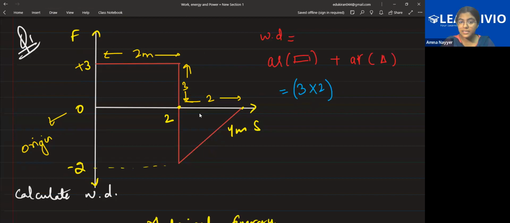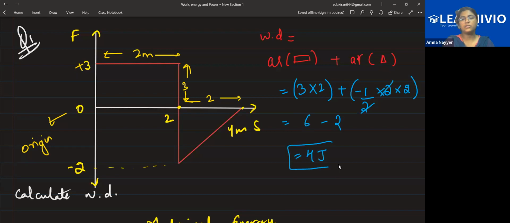But since this is negative, we will put plus. This is half, base is 2, height is also 2. Yeah, this will be minus, right? So 3 into 2 is 6 minus 2. This is equal to 4. This is the answer. Write it down.